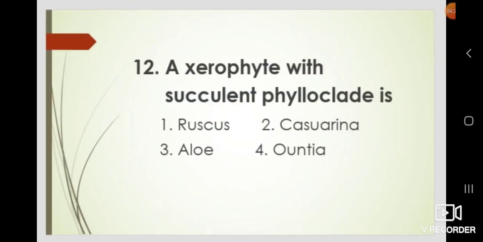Question number 12. A xerophyte with succulent phylloclade is. The right answer is Opuntia. A xerophyte with succulent phylloclade is Opuntia.